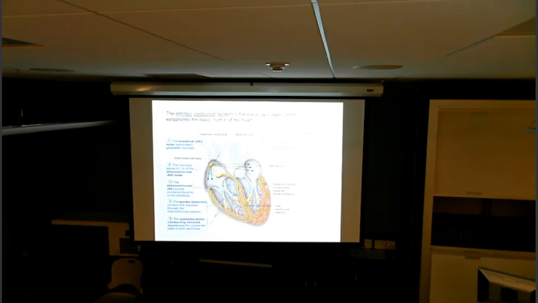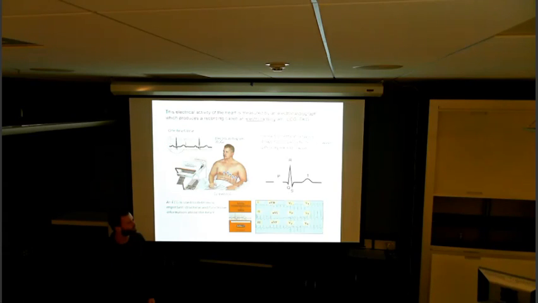This is the electrical activity for one heartbeat right there. There's one heartbeat, there's another heartbeat, then it goes on and on. And for each heartbeat, a typical ECG has three principal deflections. This is just electrical activity here on the y-axis. It doesn't matter why it goes up or down.